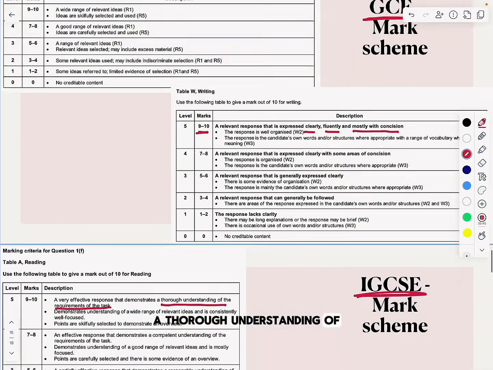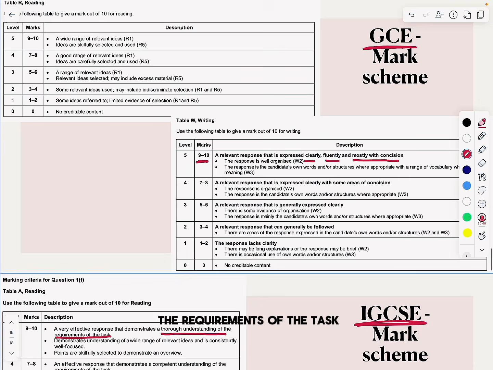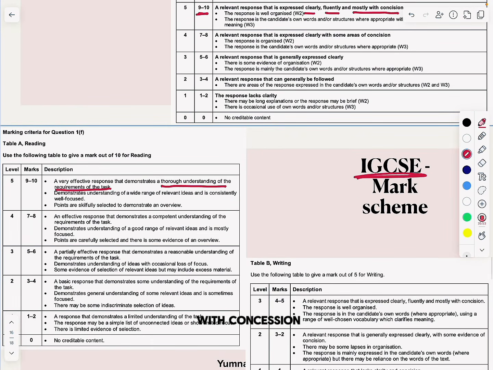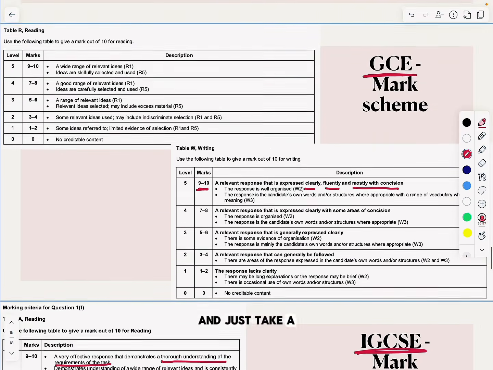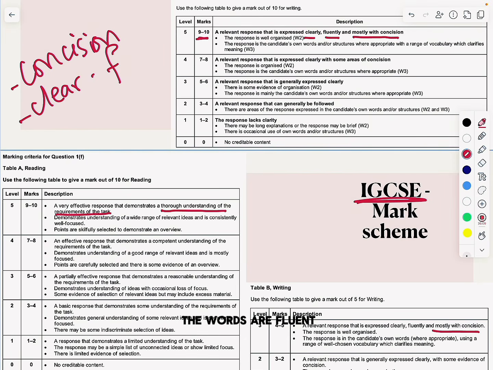And here it also says mostly with concision. Now I want you to take a moment and look at the words that I've underlined. The words are concision, clear, fluent, and a thorough understanding.